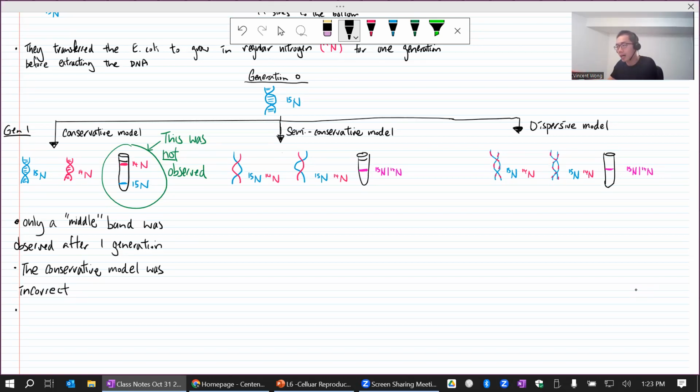But they couldn't decide at this point whether it's the semi-conservative or the dispersive. There's no way for them to tell. The results look the same. Like how would you know, right?